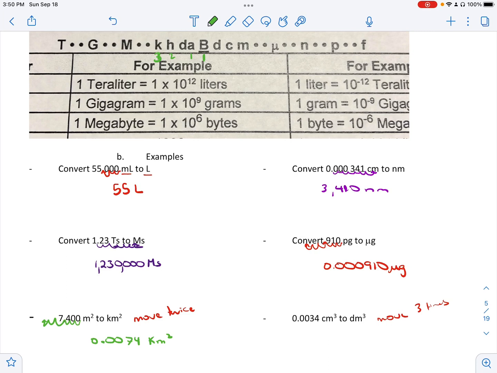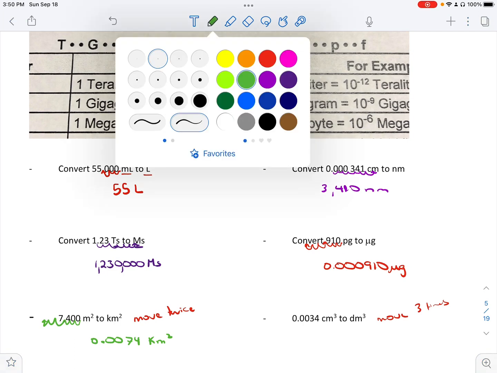All right, please try this last one on your own. Remember, it's going to be 3 times. I will work it slowly up here.